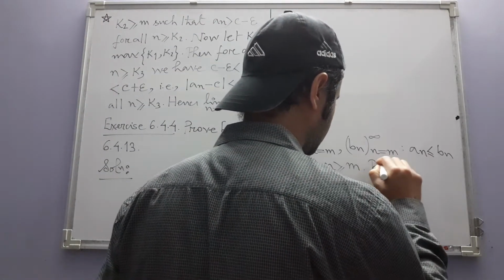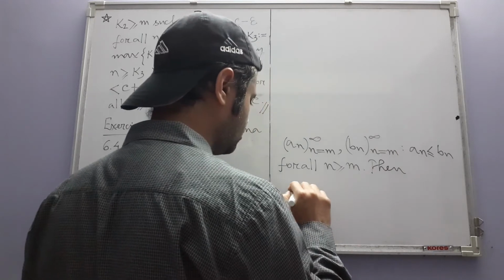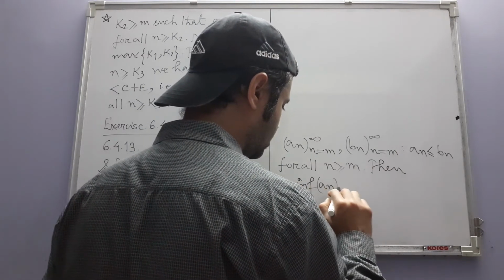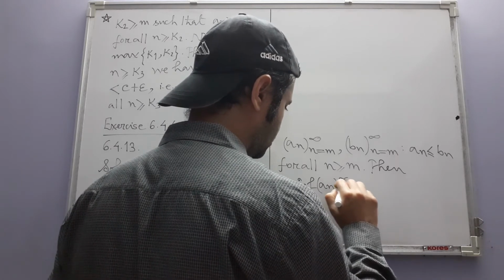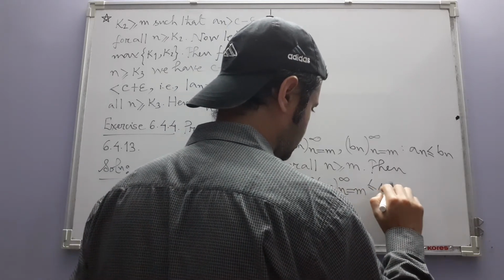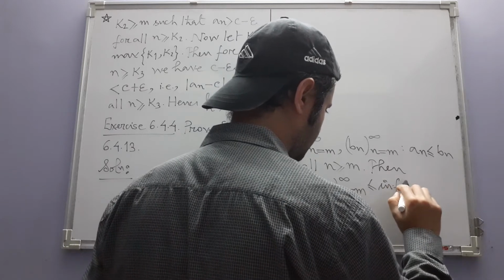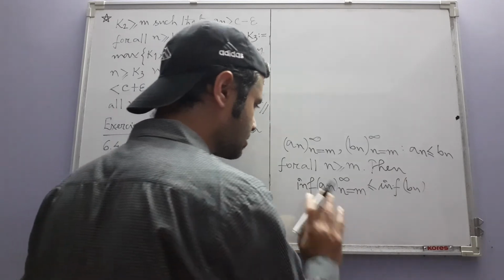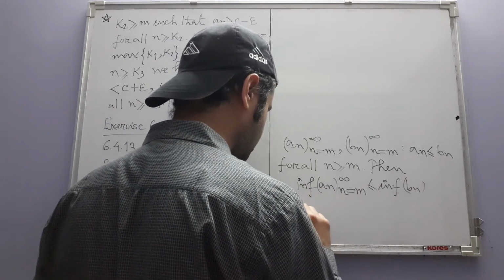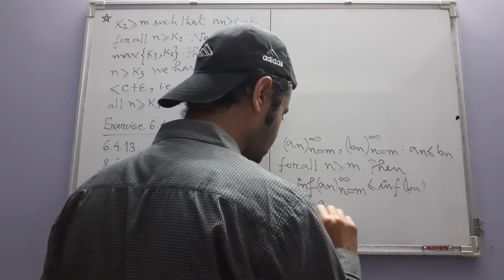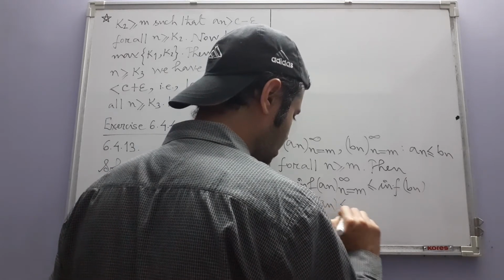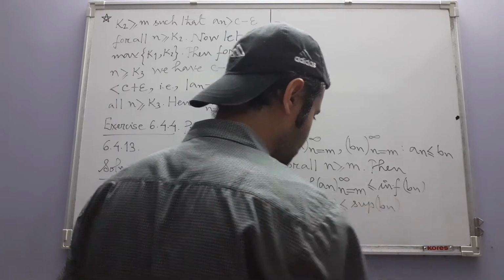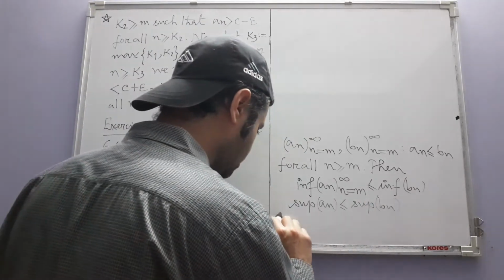Then the infimum of the sequence An is less than or equal to the infimum of Bn. Let's not write the variation of n because it's just for the sake of recalling the statement. The supremum of An also is less than or equal to the supremum of Bn.